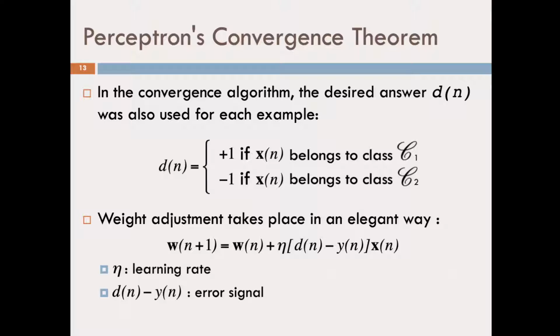In the convergence algorithm, we have a desired answer because this is also supervised learning. We have a bunch of instances and the desired output, +1 or -1. The desired output is +1 if the instance belongs to class 1, and -1 if it belongs to class 2.